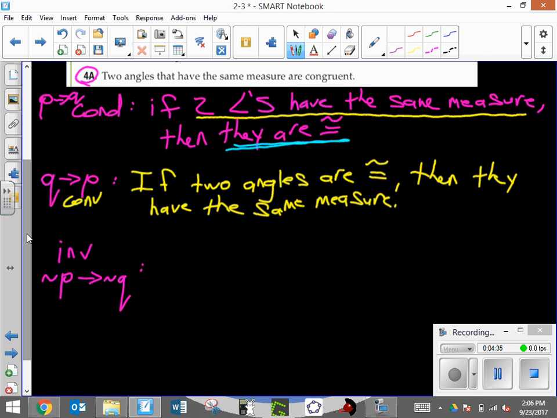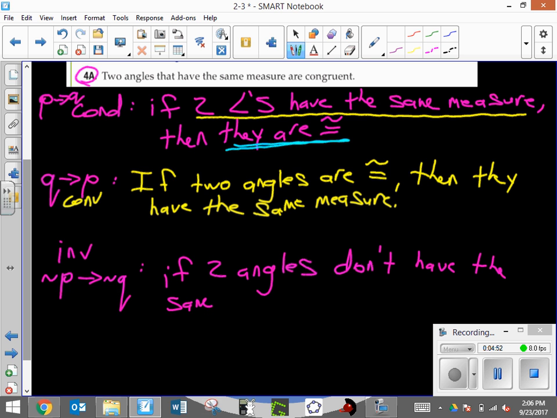It says if 2 angles have the same measure, that was our P. So we're going to say if 2 angles don't have the same measure, then they aren't congruent. Okay, there's our inverse.